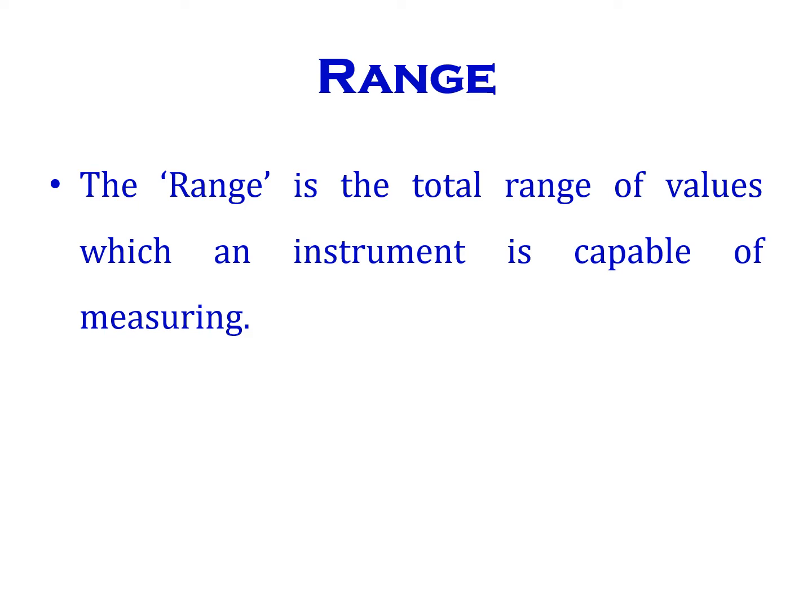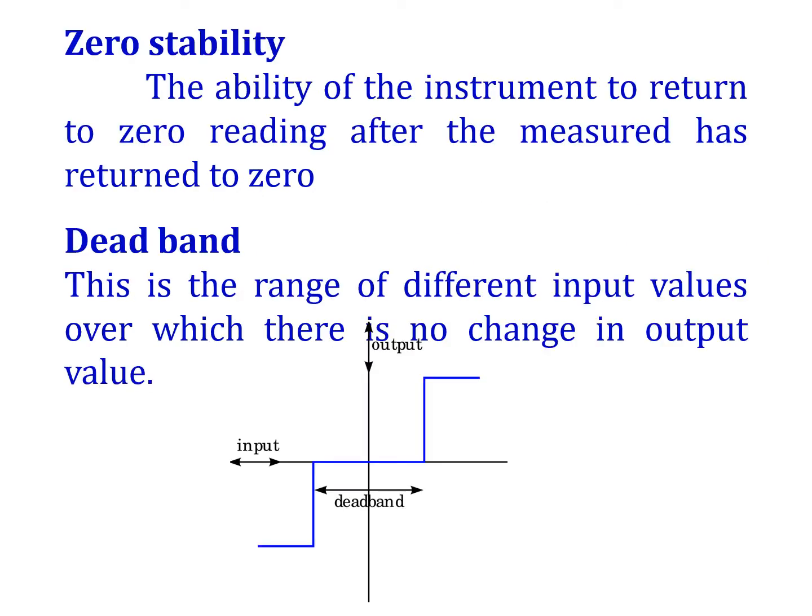Next is the range, the total range of values which an instrument is capable of measuring. If you take a 1 foot scale, it can measure from 0 to 30 centimeters. That is called range. Zero stability is the ability of the instrument to return to zero after the measured quantity has returned to zero.